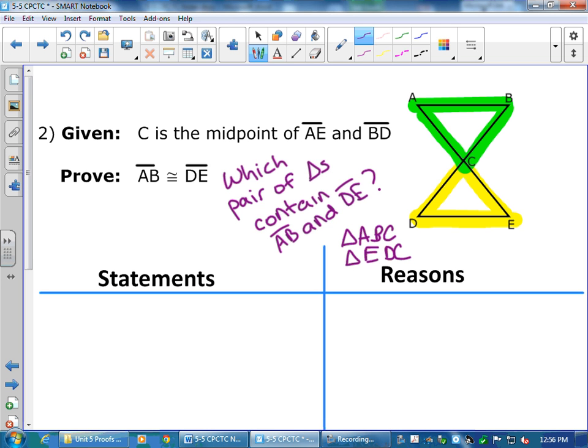All right, so we're given that C is the midpoint of AE and BD. C is the midpoint of both of these. So that means that EC is congruent to AC and DC is congruent to BC. And C is the midpoint of both of those segments.